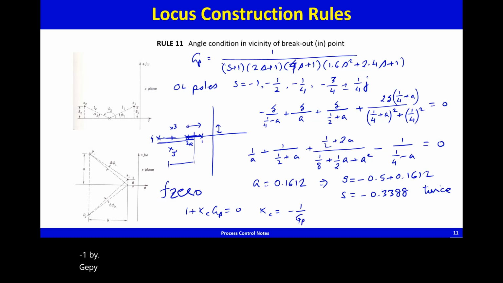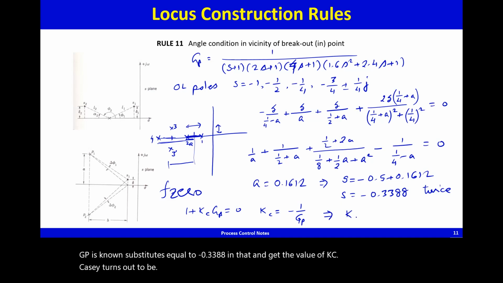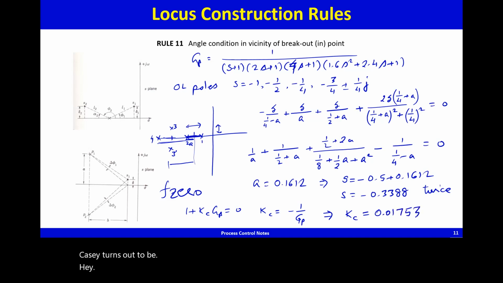Gp is known, so substitute s equal to minus 0.3388 in that and get the value of Kc. So break in and break out can be calculated in this manner.